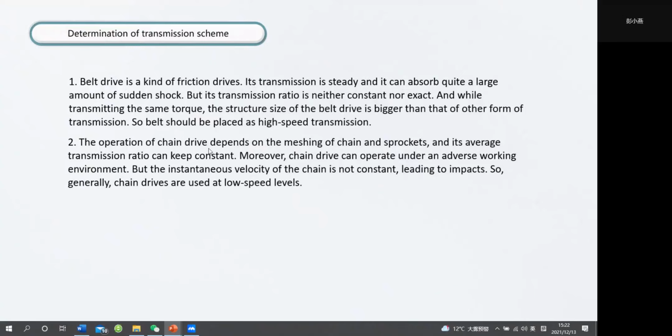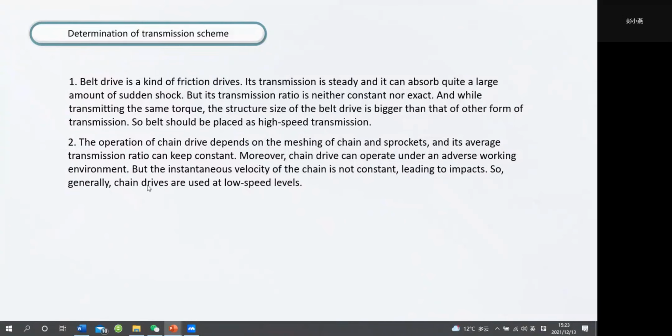Second, the operation of chain drive depends on the meshing of chain and sprockets, and its average transmission ratio can keep constant. Moreover, chain drive can operate under an adverse working environment, but the instantaneous velocity of the chain is not constant, leading to impact.